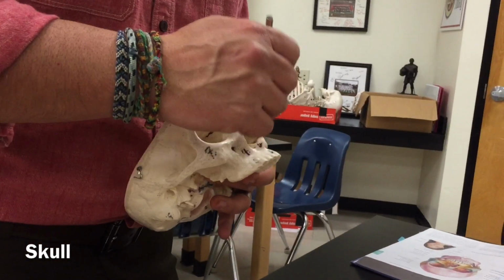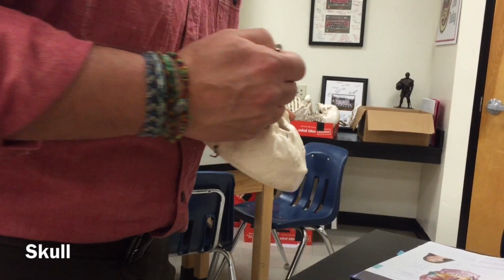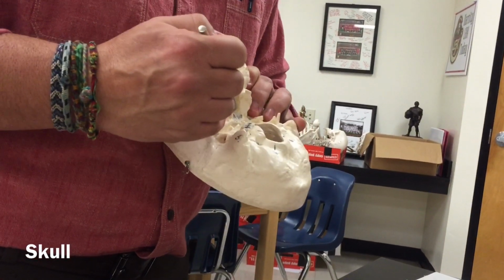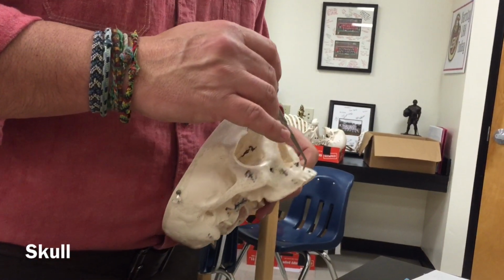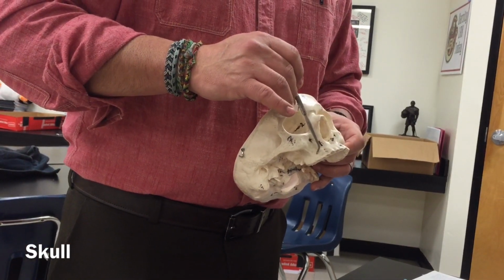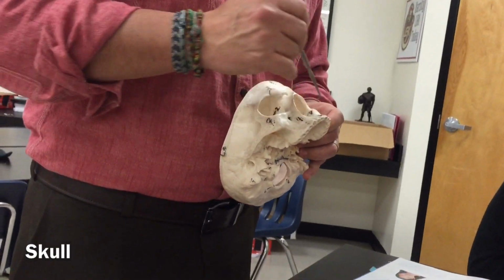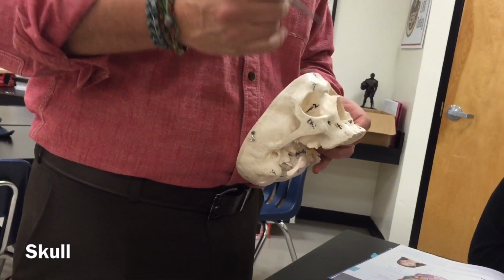Perpendicular ethmoid plate, that's the vomer. The vomer is also located right here, okay? So vomer. This right here is the maxilla bone. All right, your upper jaw is your maxilla. Maxilla, vomer, ethmoid plate, zygomatic, nasal, frontal.